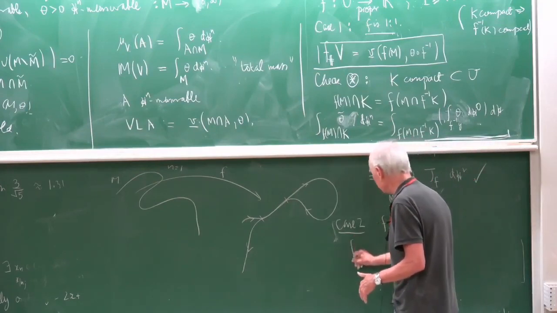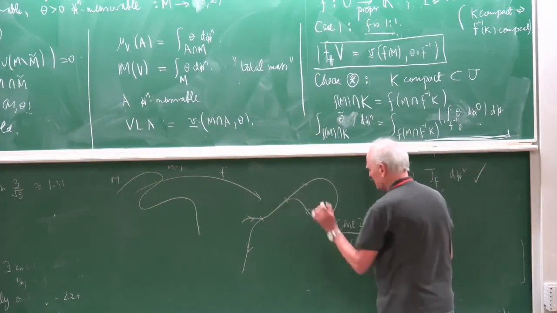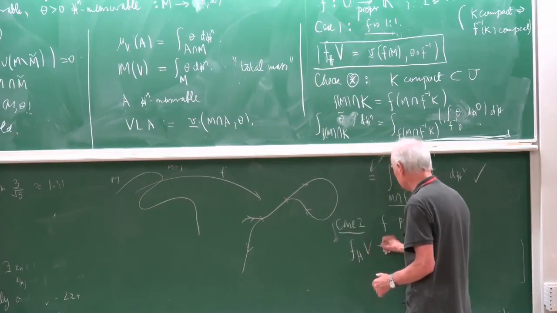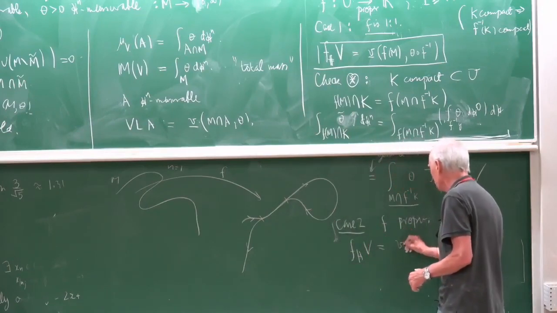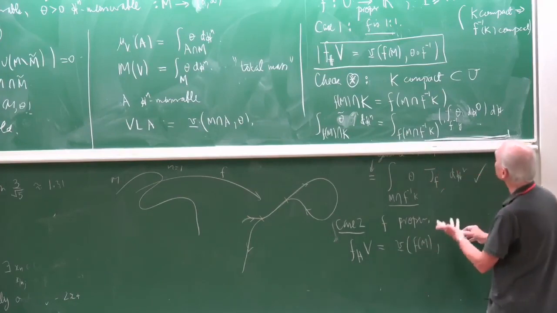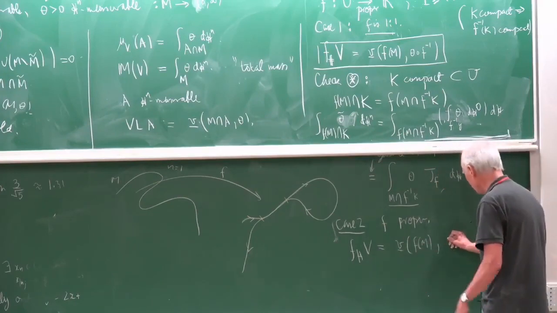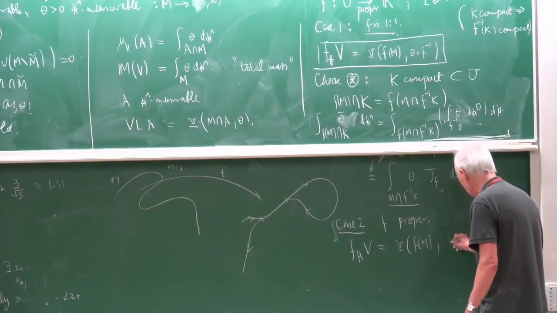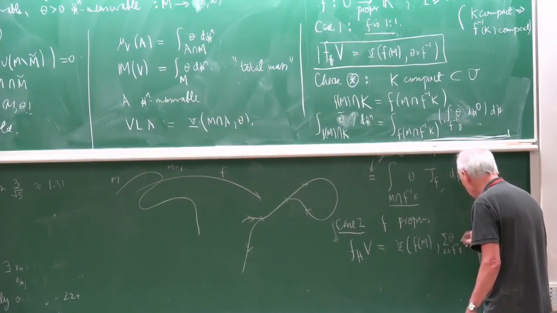Then the correct definition, if we want to take care of those sort of things, is that we should define this to be, again, the varifold with the image, but now the multiplicity should be the sum over x in f to the minus 1 y of theta x.